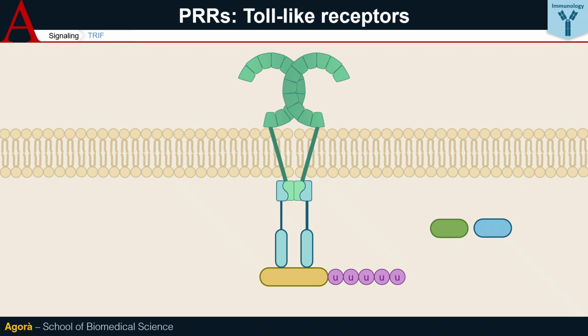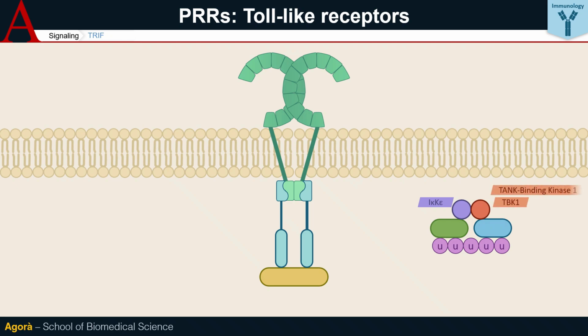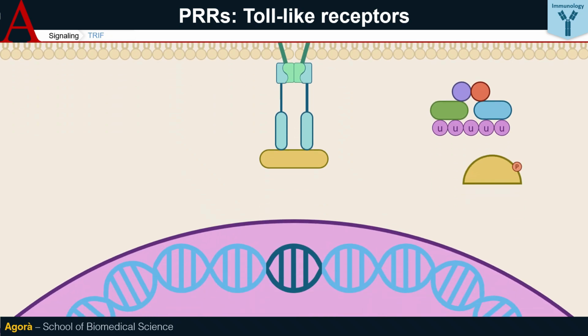This scaffold in turn recruits IKK gamma, IκB kinase gamma, and TBK1, TANK binding kinase 1. Subsequently, TBK1 phosphorylates IRF3, akin to the role played by IRF7, leading to the production of type 1 interferons.